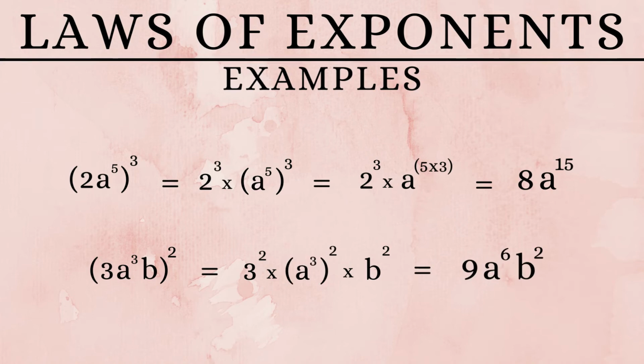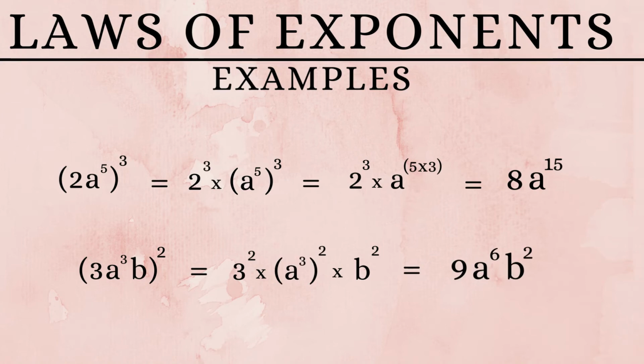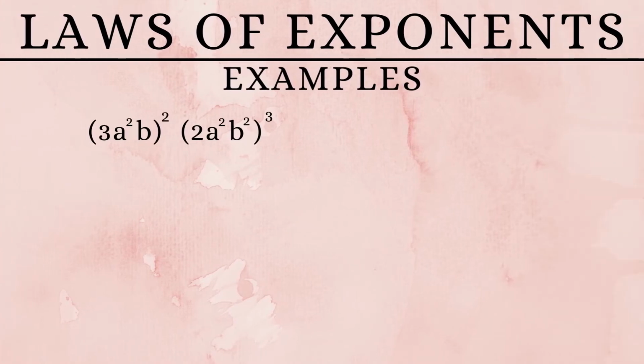Now let us further complicate things and try to solve them. 3a square b, the whole square, into 2a square b square, the whole raised to 3.